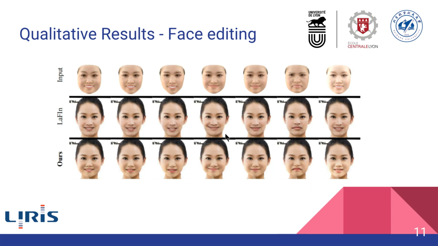The first 6 columns are conditioned by different shapes, and the last column is conditioned by a brighter skin. As can be seen, with the guide of our landmarks, LaFIn can generate diverse inpainting results. Nevertheless, due to the sparsity of the landmarks, the generated faces do not precisely comply with the 3D face shape. In addition, LaFIn cannot change the face skin as in the last column, as we do.